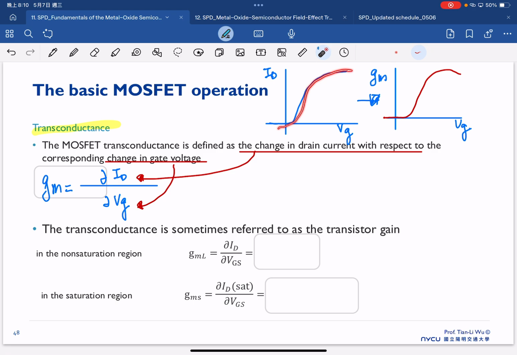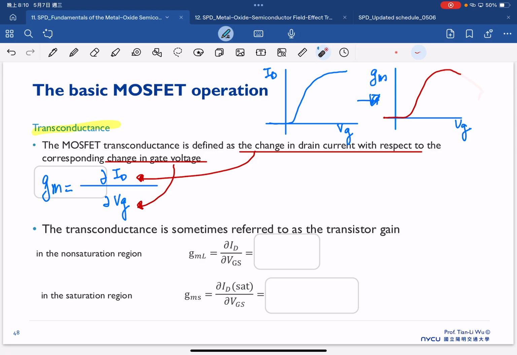And why do we have this peak? The peak happens at the peak increase of our drain current, so it should be somewhere in this region. Because after this peak increase, the slope decreases. So that's why you will see the slope decrease.